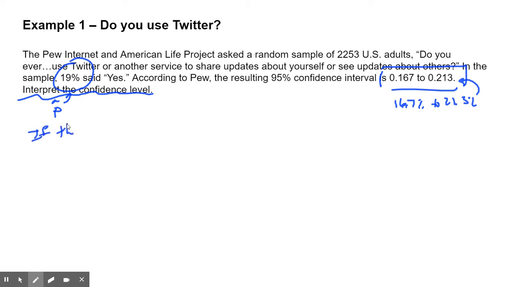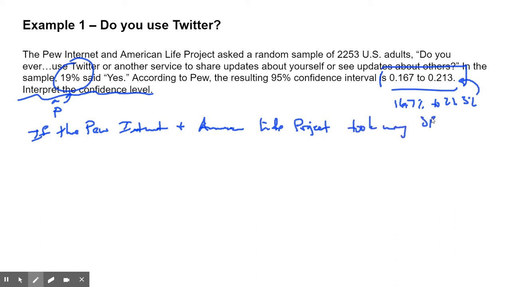If the Pew Internet and American Life Project, right? So that's the name of the polling company, took many SRSs of U.S. adults.